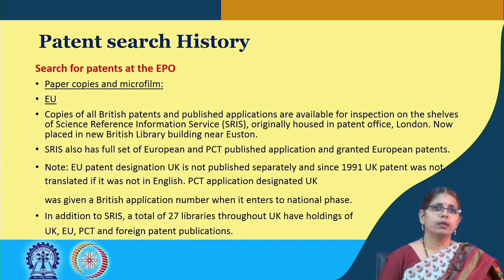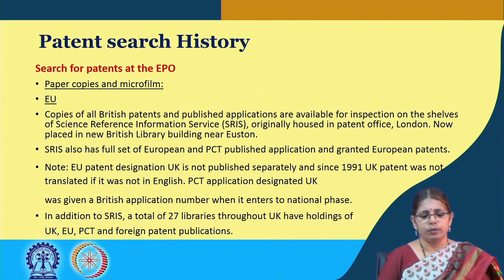For instance, if you look at the EPO, they also had the paper copies and the microfilm based storage of patent documents, and the SRIS service, which is the Science Reference Information Service, was the major service available at the patent office to store patent data and establish the norms for it.